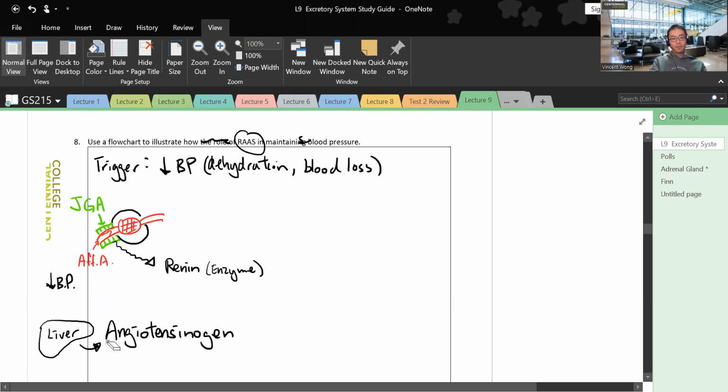Very long name. Angio like the heart. 10, number 10. Sin, when you do something bad. Ogen. Okay, ogen means it's like inactive, right? So the angiotensinogen is inactive.